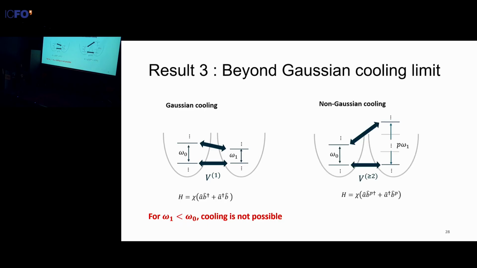But in the very same system, if you can tap into the power of non-Gaussianities, you can access the higher excitations, because now you can exchange one excitation with P excitations, and this makes cooling possible. And the cooling limit is given by that expression, okay?